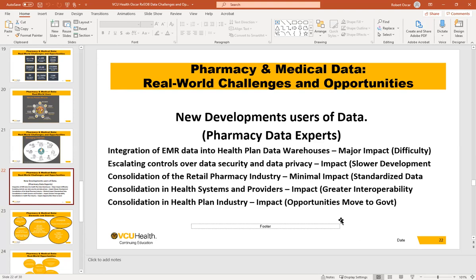The pharmacy industry consolidated a long time ago, so there's really not much impact, and the NCPDP has standardized those claims. So that's sort of happening. And that's been happening in the healthcare system a little bit slower, but still happening. And in the health plan industry, as more information moves to government, there's going to be more and more opportunities for those that are measuring this information and analyzing the data to work for the government at various levels.